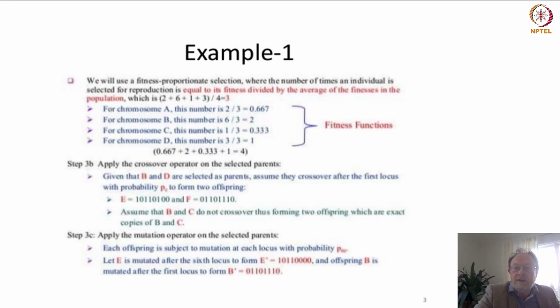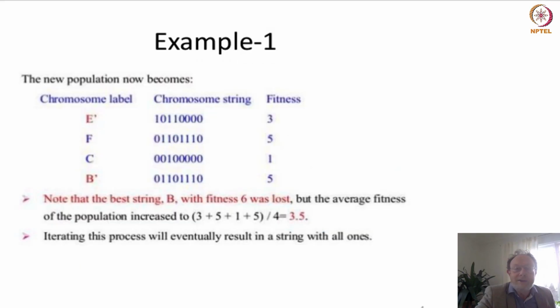So then, in the next part of the example, the fitness functions are evaluated and normalized, and then the crossover operation is performed, and then the mutation, which then creates a new population.